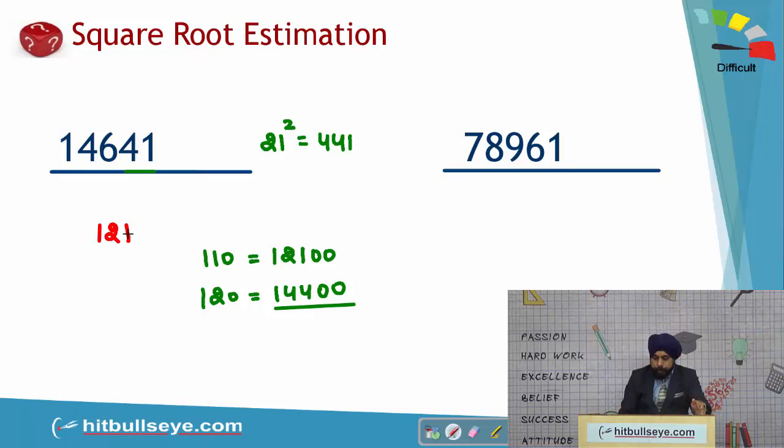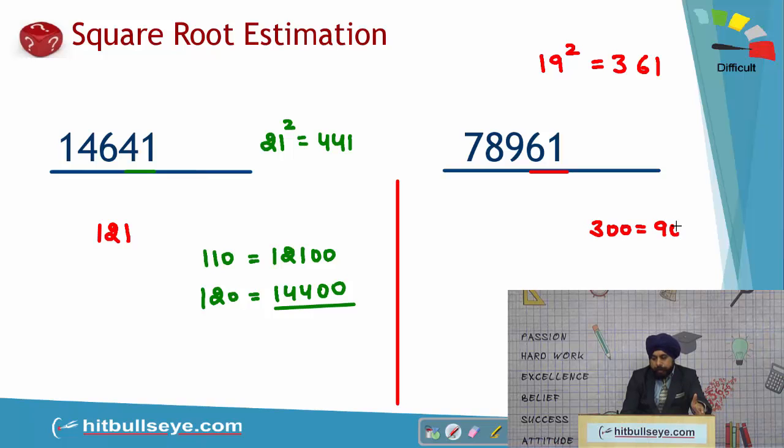Take the next one. Now here the number ends in 61. Now 61 comes at the end of the square of which number? We know 19 square is 361. So 19 is involved. Now just try and take a guess here. We know the square of 300 is 90,000. So less than that, students.